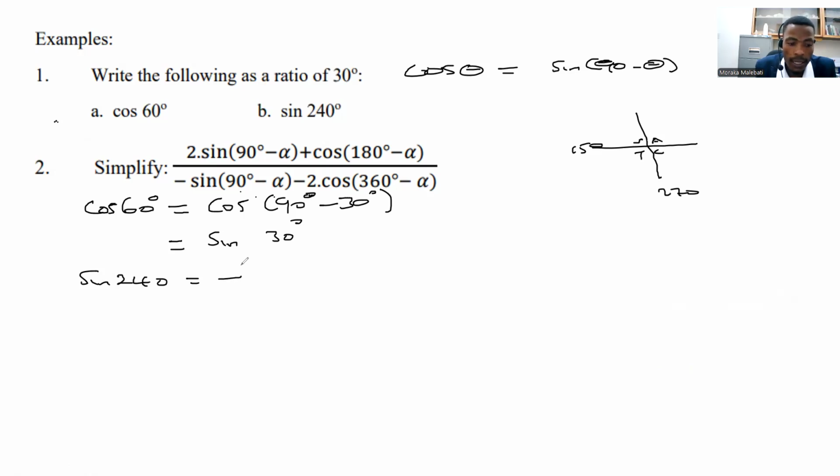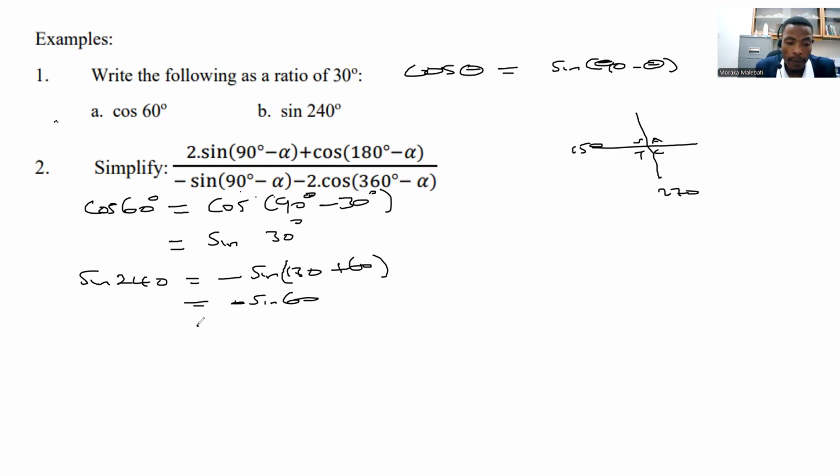So you have to say sine is negative, and it should be sine of 180 plus 60. And then we know that this is exactly like minus sine 60.